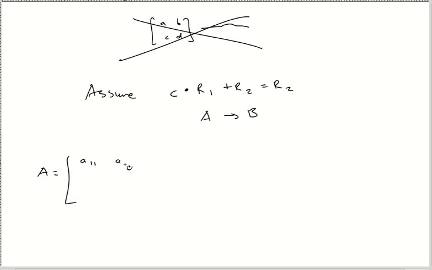A11, A12, so on and so forth. A22, no, I'm sorry, A21, A22, row, column, etc. I already know I'm going to need a little bit more room here. Let me get rid of this thing right there. Okay. And I'm going to say continue, continue, continue.